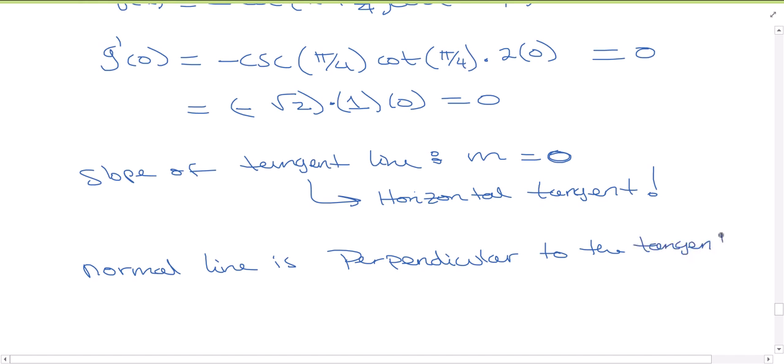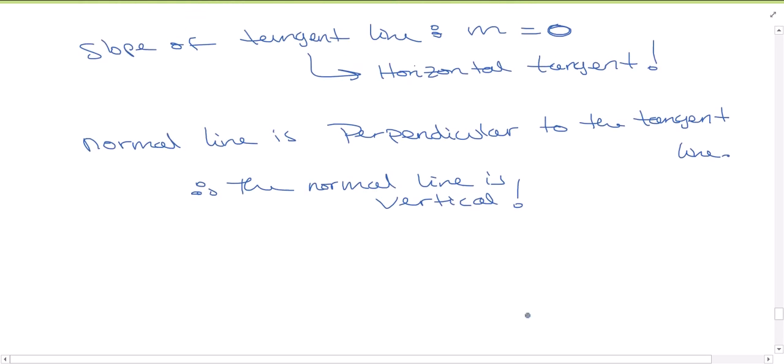So if the tangent line is horizontal, what can you say about the normal line then? Therefore the normal line is a vertical line. So the normal line will be vertical. And what can you say about the slope? The slope will be the negative reciprocal, right? So 1 over 0, so it's really undefined. But we know that horizontal lines have slope 0, vertical lines have undefined slope.